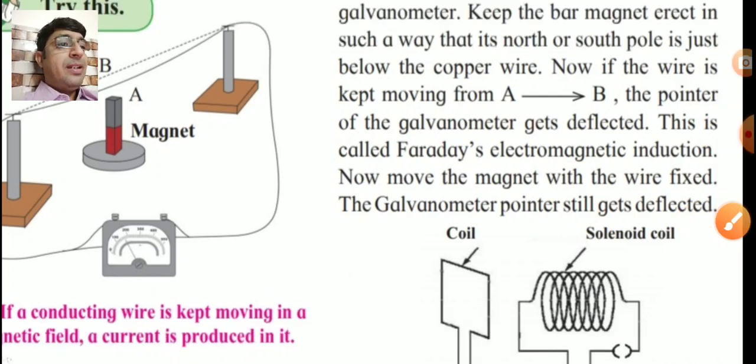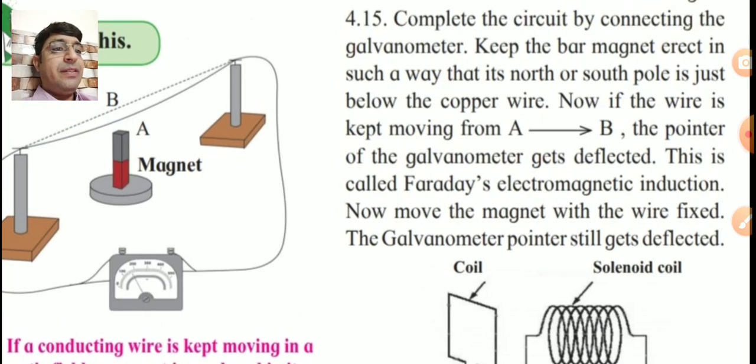Now move the magnet with the wire fixed. There are 2 activities. Move the magnet with the wire fixed. The galvanometer pointer still gets deflected. Which are these 2 activities?